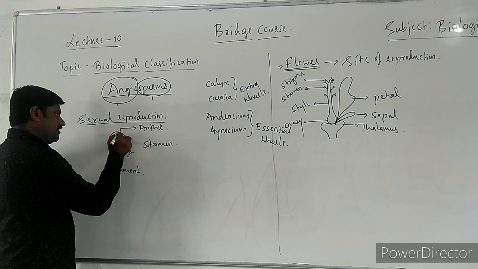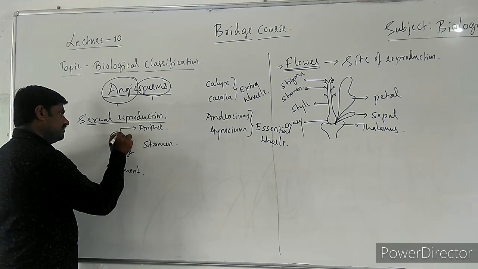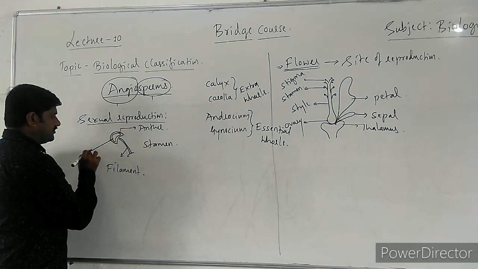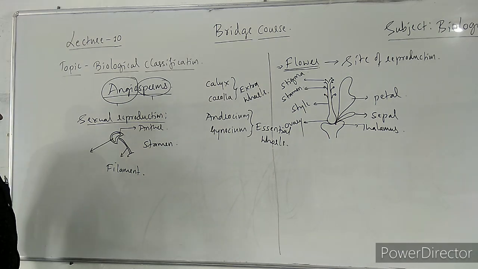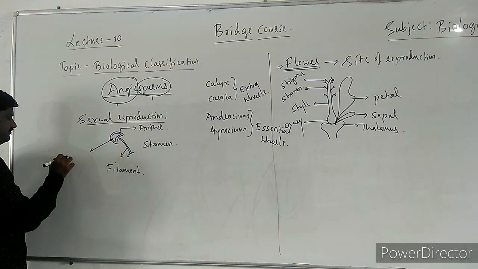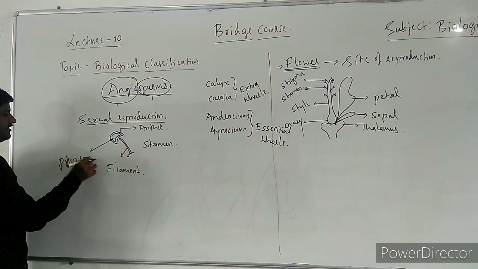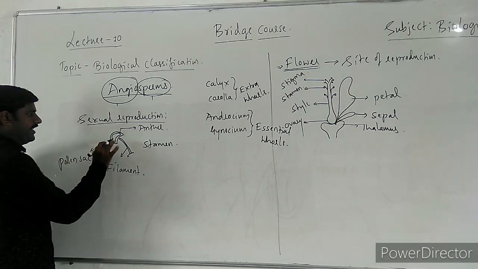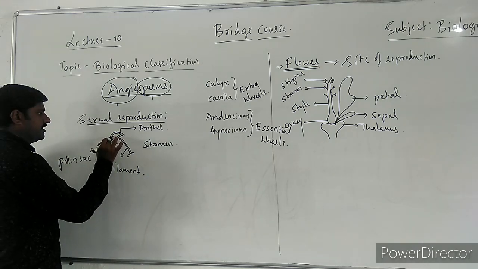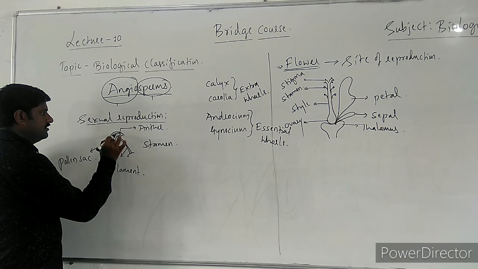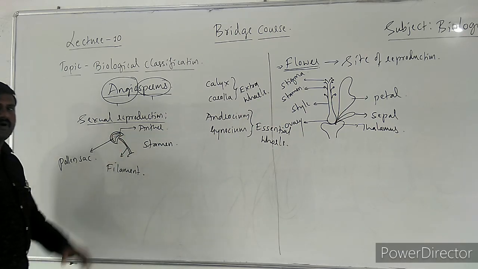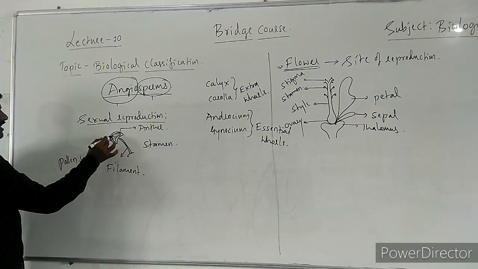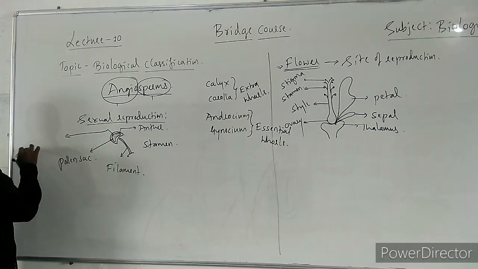In the anther part, there is a sac-like structure called the pollen sac. Inside the pollen sac, you will come across a yellowish powdery mass, and those are nothing but pollen grains.